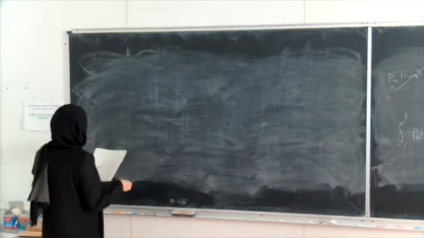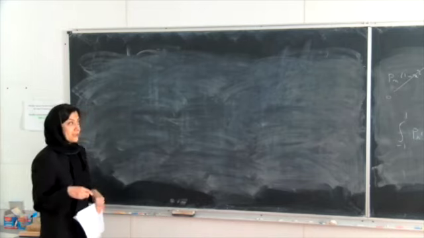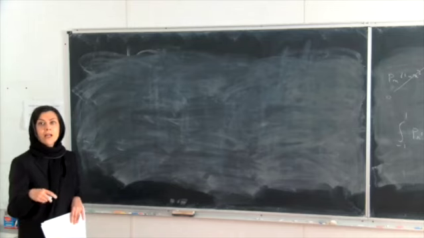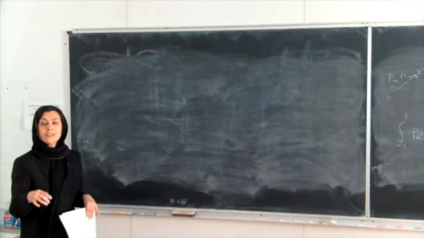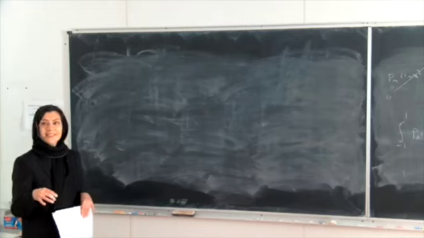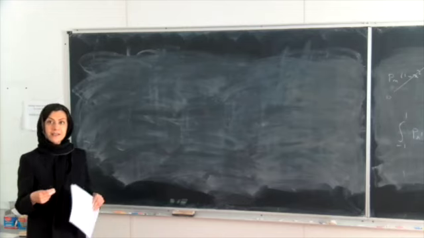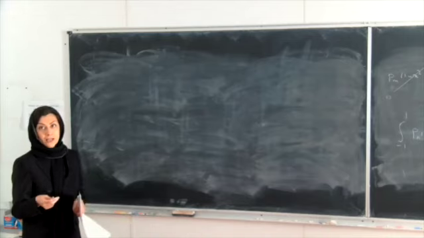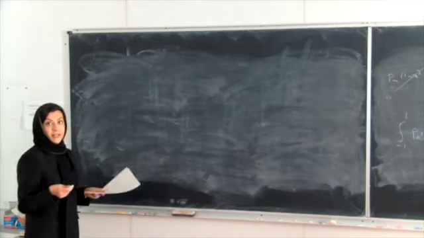Okay. For Legendre polynomial and Chebyshev polynomial, I don't speak about the generating function of them, but they can be obtained easily, and like the Hermite polynomial and Laguerre polynomial, you can try to obtain them.